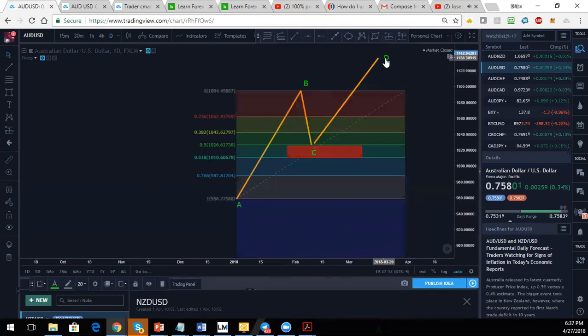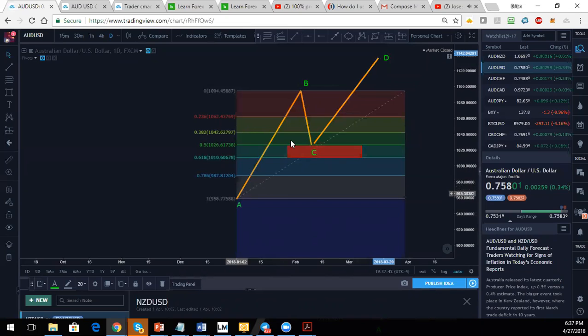Price reverses short of the 0.618 level, so we have a non-traditional or alternate ABCD, or AB equals CD pattern, right? And we'll go from there. The difference between the ABCD pattern and the AB equals CD pattern is that with the AB equals CD pattern, price stops short, and that puts more risk on your stop loss.